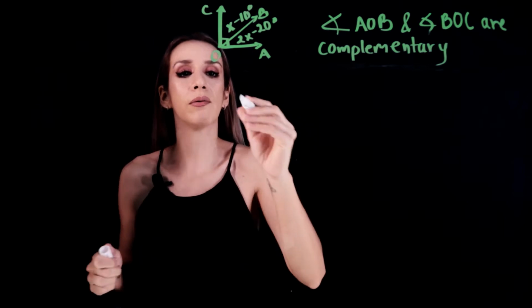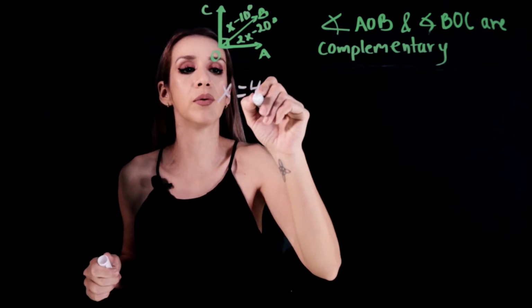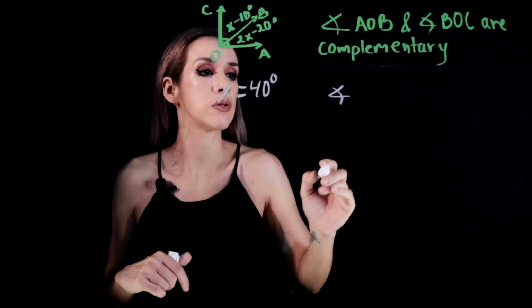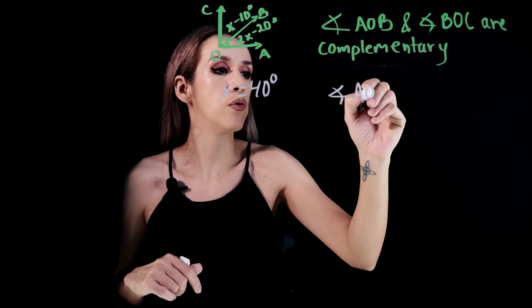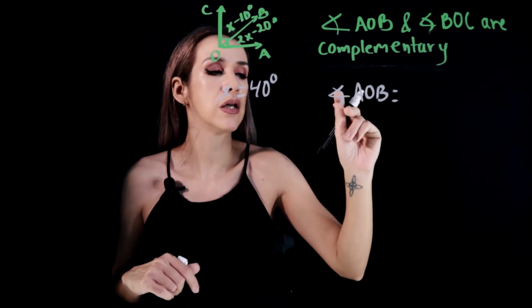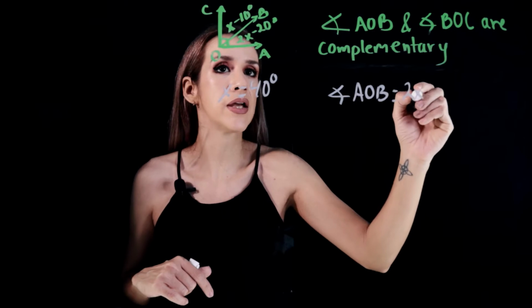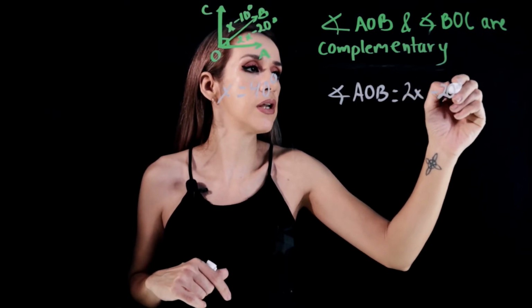So right now we know that x is equal to 40 degrees and we're going to find the value of these two angles. The angle AOV is easily obtained by using the expression 2x minus 20 degrees.